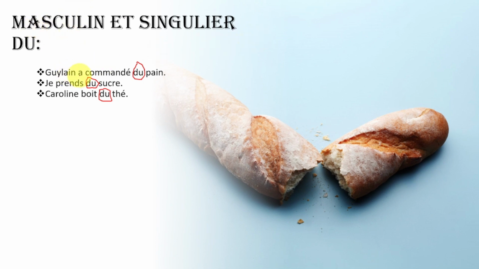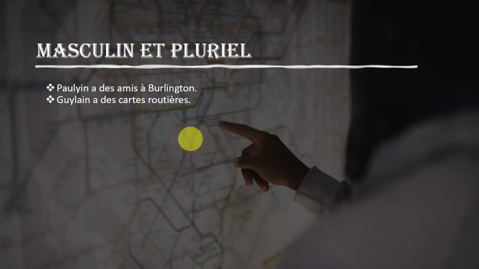Gulin a commandé du pain. Je prends du sucre. Caroline boit du thé. In this case, I'm using this masculin singulier. Okay? Masculin pluriel. Masculin is a male. Pluriel is a lot of males.